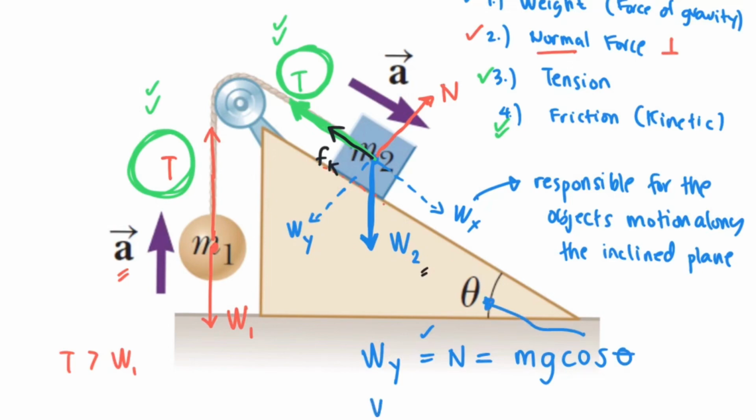Also, you have to remember that the x component of the weight is equal to mg sine of the angle of inclination theta. Now, how is it gonna be sine and cosine is something that we will be discussing in the next video. But for now, you have to take note of the following formula. Normal force is mg cosine theta, and the x component of the weight is mg sine theta.